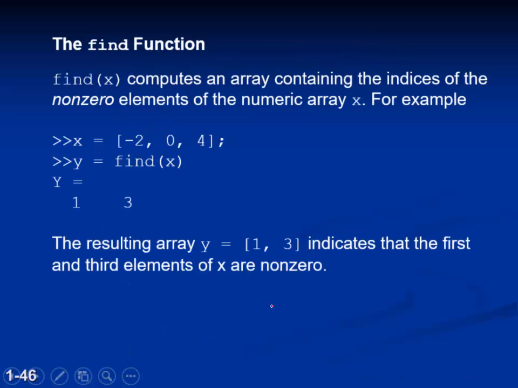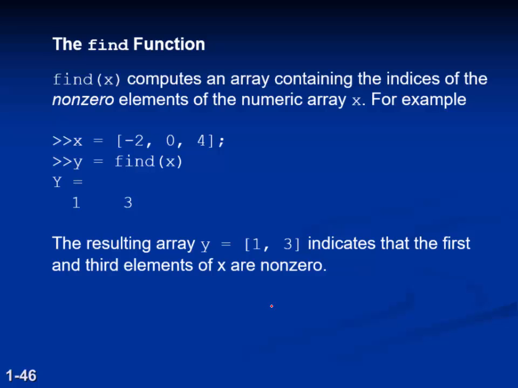So the find function: x is equal to, and find x, y is at there. The first and third elements are non-zero right there. So again, what we're looking for is it computes the array containing the indexes of non-zero elements.